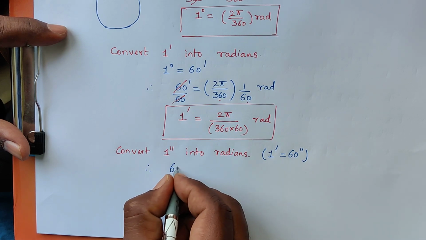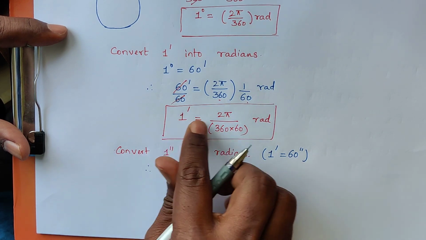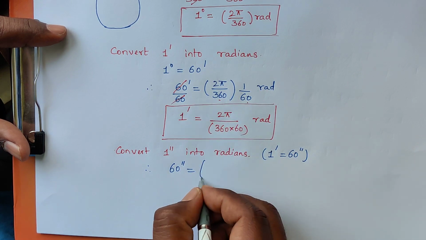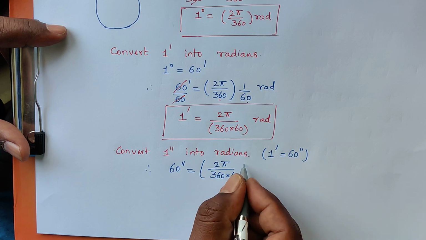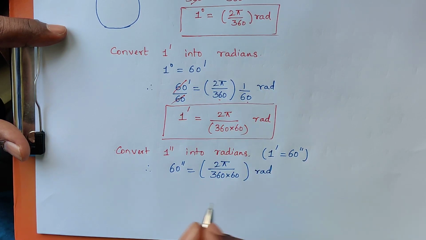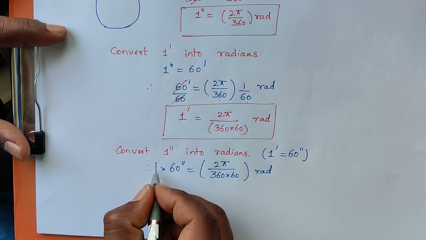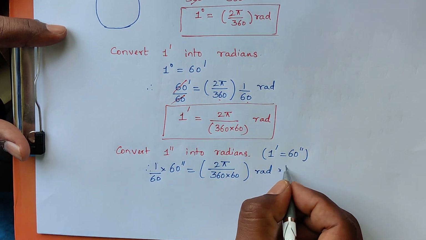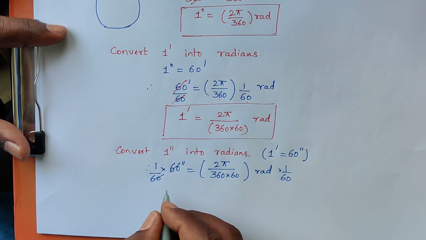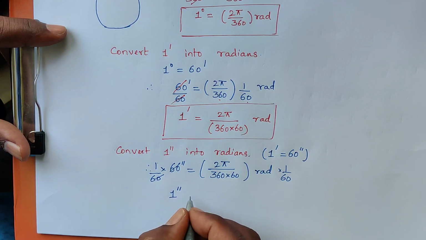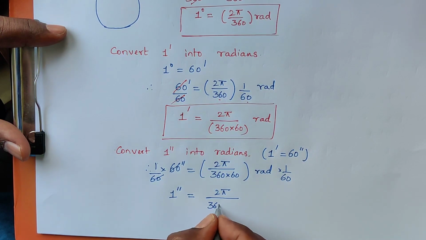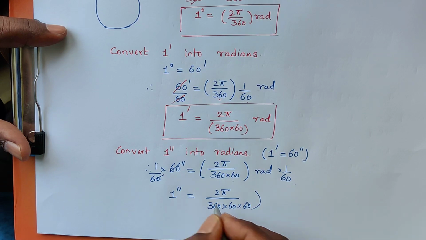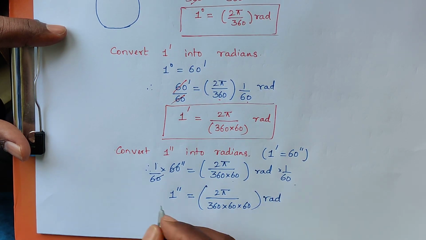Therefore, 60 seconds equal 1 minute, which in radians is 2 pi divided by 360 into 60 radians. Divide both sides by 60. This 60 and 60 cancel, so 1 second is equal to 2 pi divided by 360 into 60 into 60 radians. This is the final answer for 1 second.